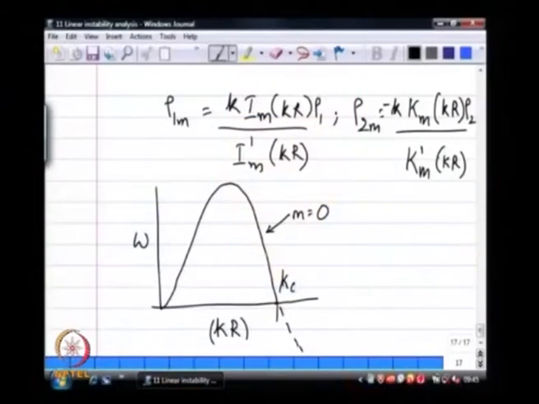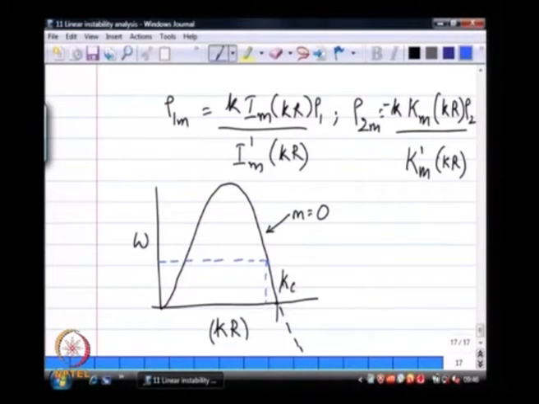And any perturbation with k less than k sub c and m equal to 0 is going to grow in time with a growth rate given by that particular value. So, for a given k r, this is the growth rate that corresponds to that imposed disturbance.